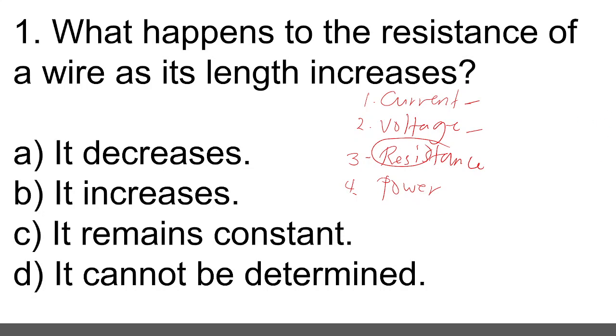But on this question, it clearly defines resistance. So when we say resistance, it is the force that opposes, limits, decreases, resists the amount of current or voltage flowing in a certain conductor. Now, there are lots of factors affecting resistance.